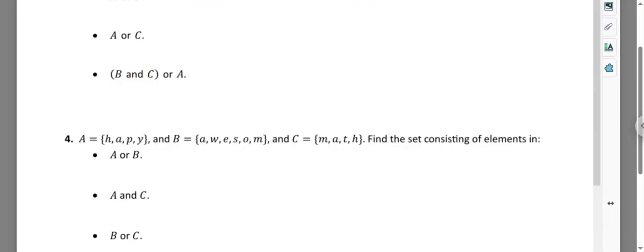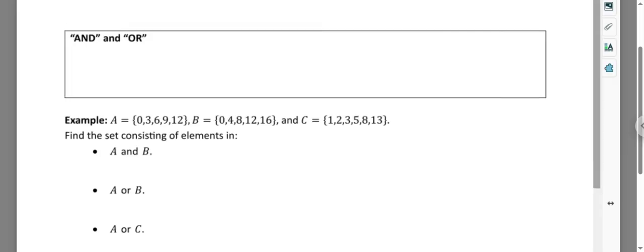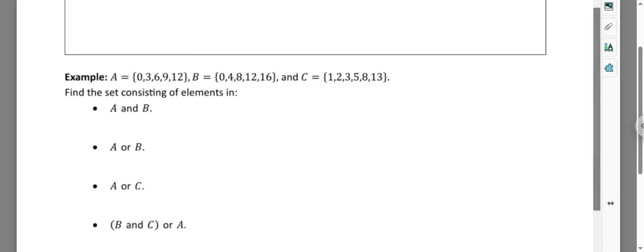So, understanding the words that we're using here. When we say and, are we talking about intersection or union?